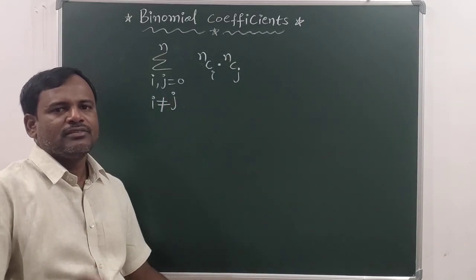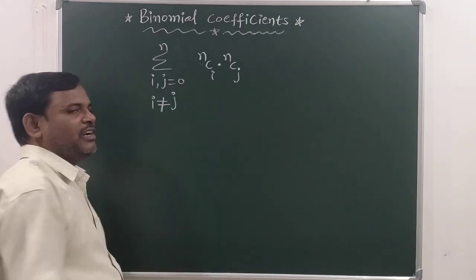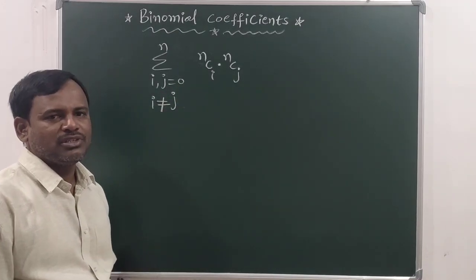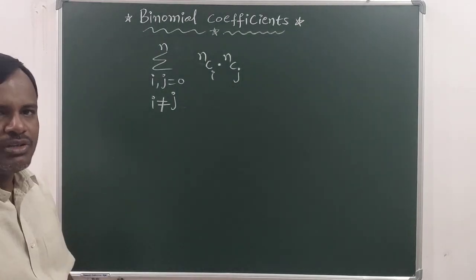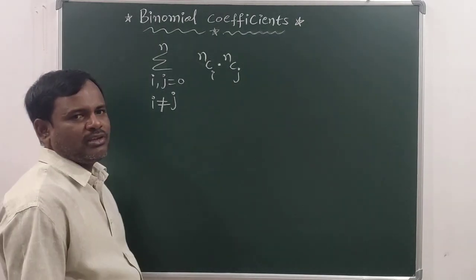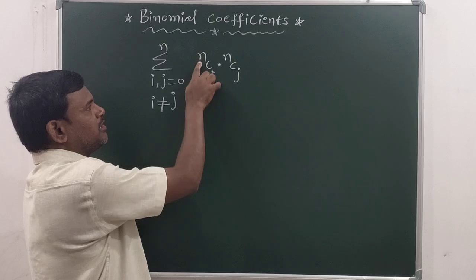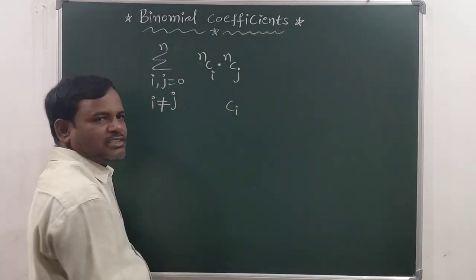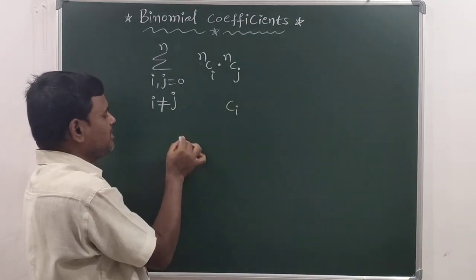It looks like a very difficult question, but it is not difficult. It is a very easy question. How to answer that question? Now I explain you. Observe me. See here. Take this nCi, or simply it is written as Ci, and here it is Cj.